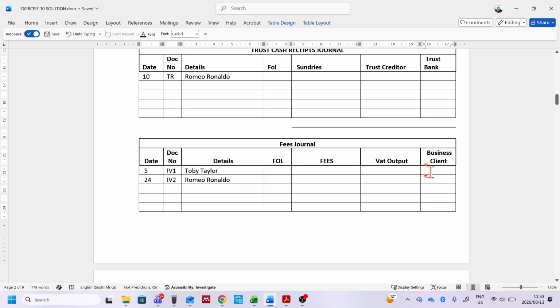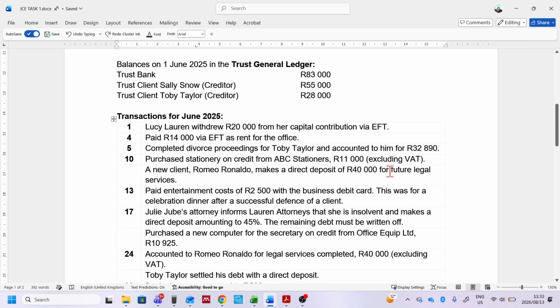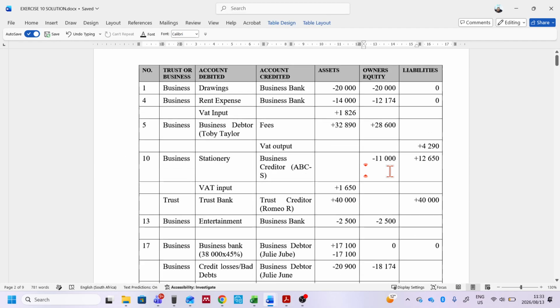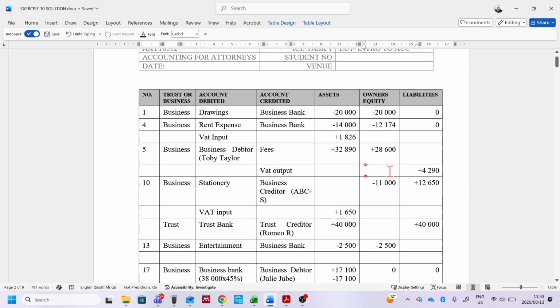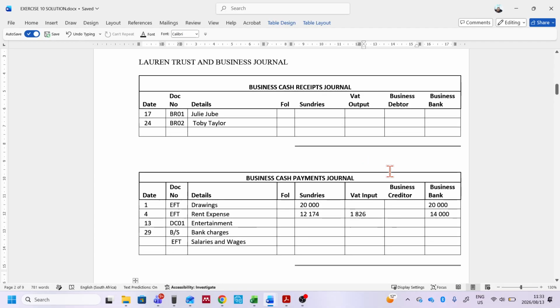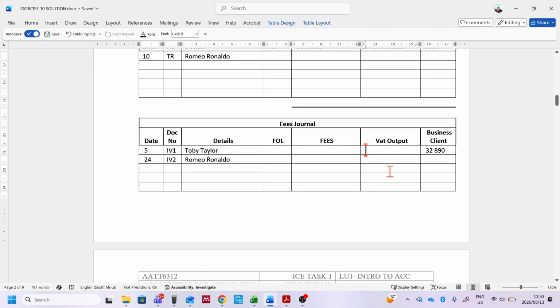How much did we charge him? 32,890. The VAT, was it 3,000 or 4,000? How much? The VAT amount, 4,290.